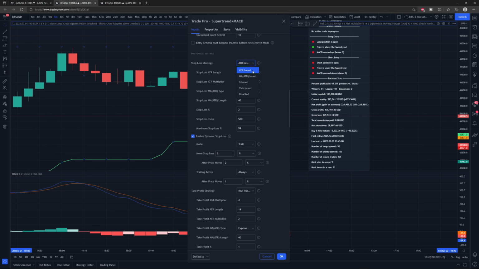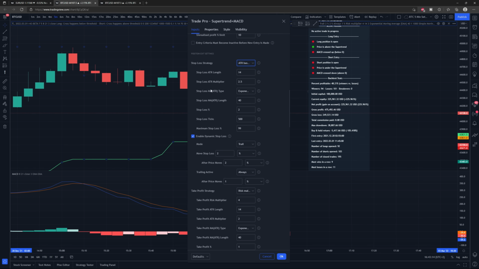So it can be either ATR based, moving average of an ATR base, so kind of like a smoothed ATR value to prevent large spikes that temporarily inflate the value of the ATR, which could cause your stop loss to be placed much too far away. Percent based, tick based, and disabled. So you have all these different options.